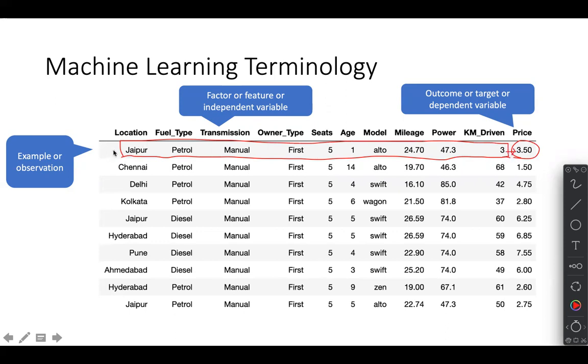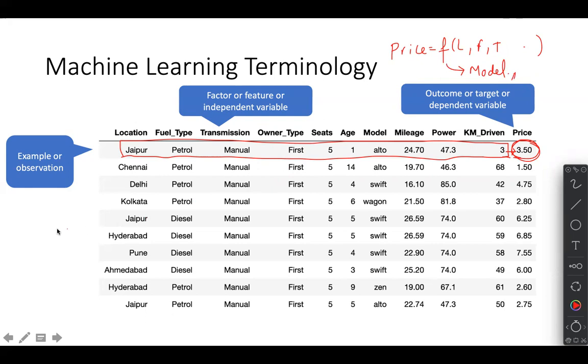In this case, different attributes like location, fuel type, and transmission influenced the actual sale price. Now from this data set we are going to build a function saying price is a function of location, fuel type, transmission, and so on. We will learn a function. This basically is a model.